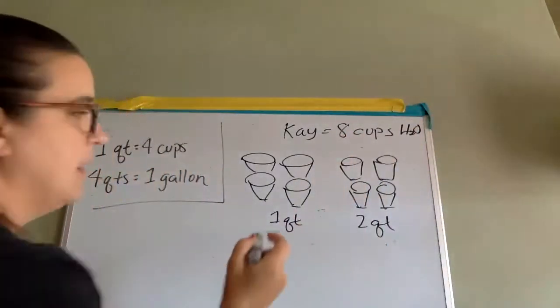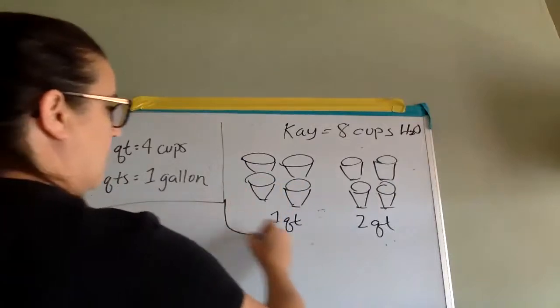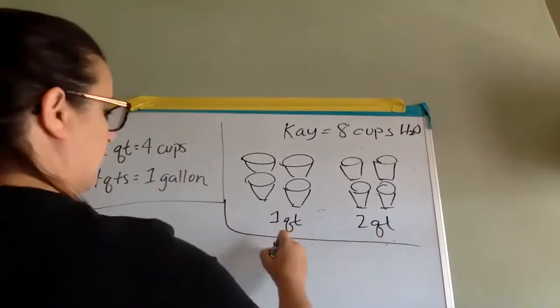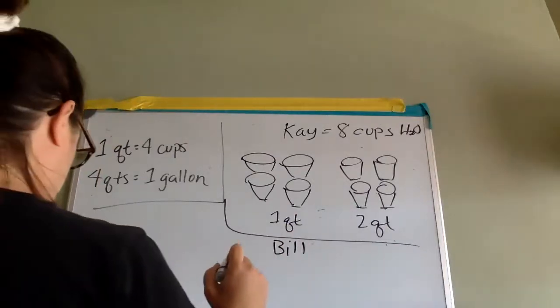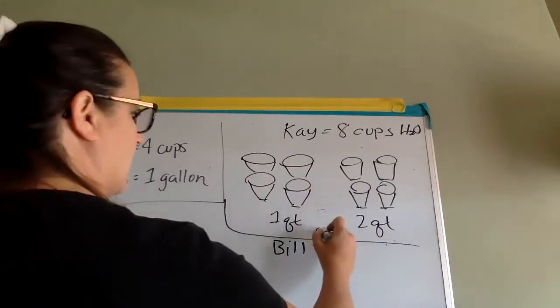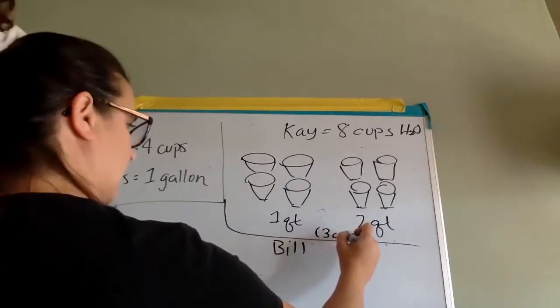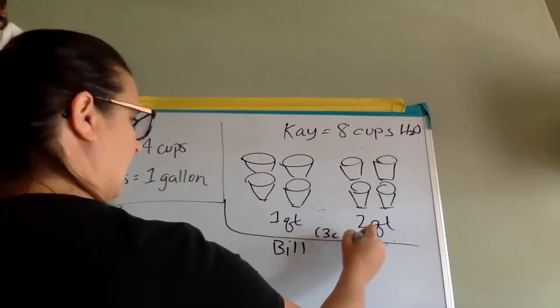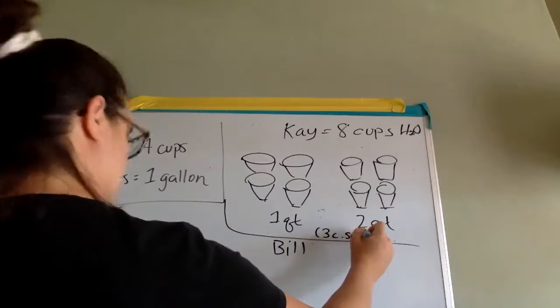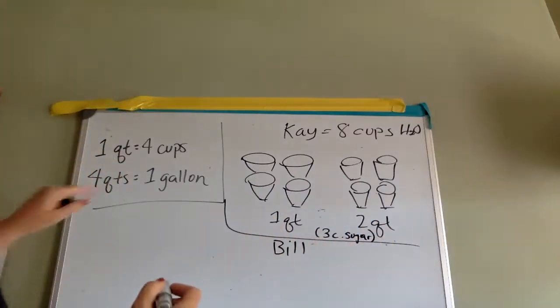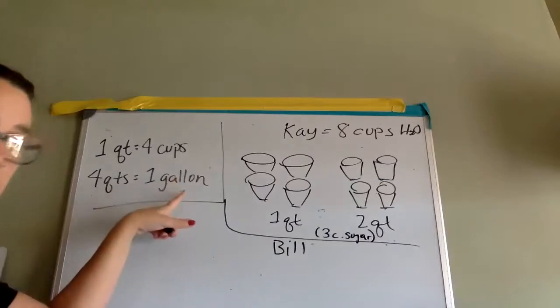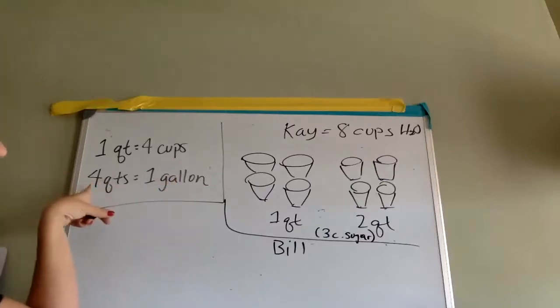Yeah. So that's Kay. Now, the other guy, Bill, who's a little bit snotty, according to my voice, has 3 cups of corn, I'll say sugar. He has 2 gallons of water. 1 gallon is 4 quarts.